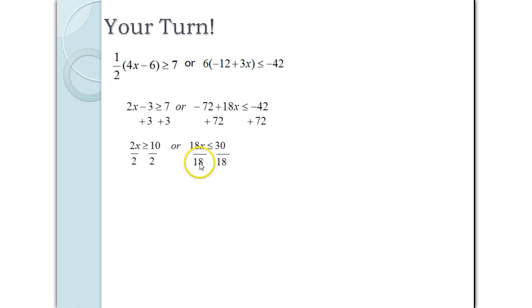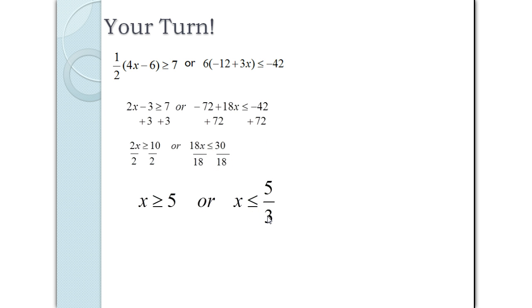And over here, I'm going to divide by 18. 10 divided by 2 gives me 5. 30 divided by 18, it does not divide evenly. However, instead of writing it as a decimal, using that calculator, just reduce the fraction. 30 over 18, if you divide the top and the bottom by 6, you should get 5/3.